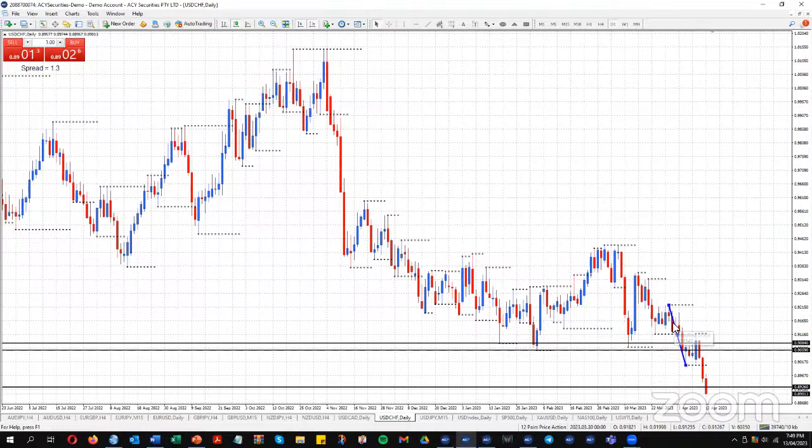And we've probably done that projection, all right? So we've already done the move down from last time. So this is well overextended. This is what I'm saying: don't go chasing these moves because they're overextended either to the upside or the downside. Or wait for price action to have a corrective move and look for a setup. A setup isn't just to chase the current candle low. Not in my mind anyway.